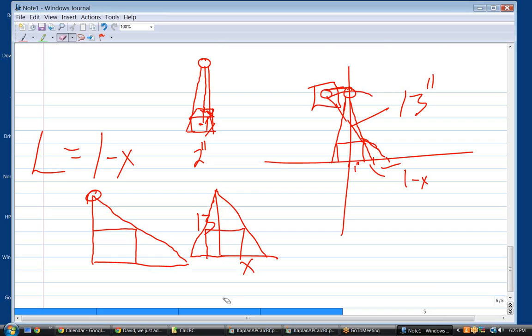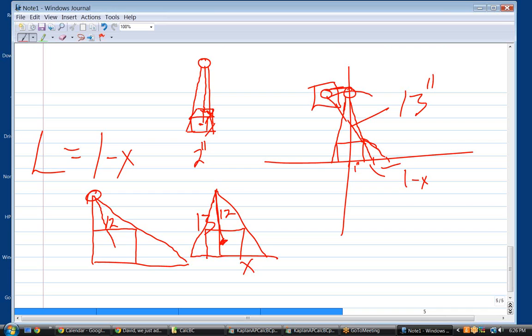And in this triangle, we know that it is 12 to there, and this is 12 to there.